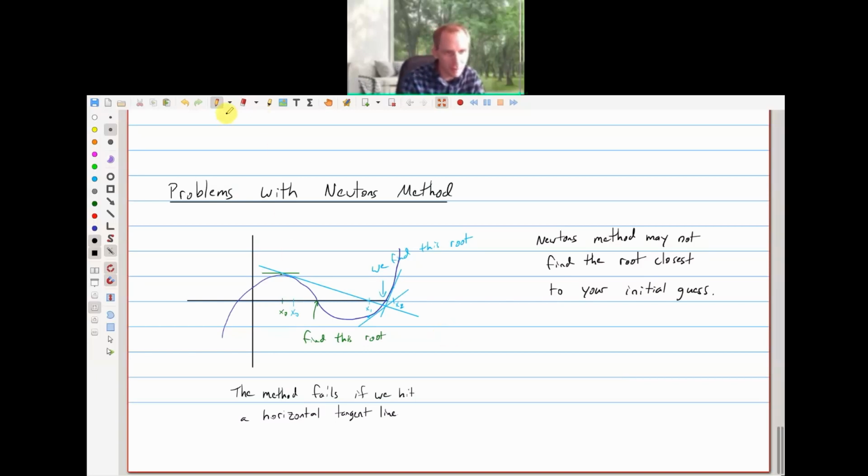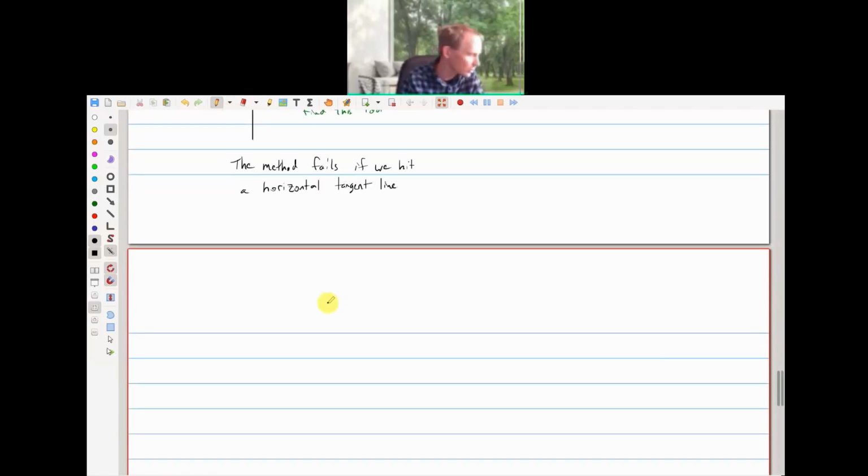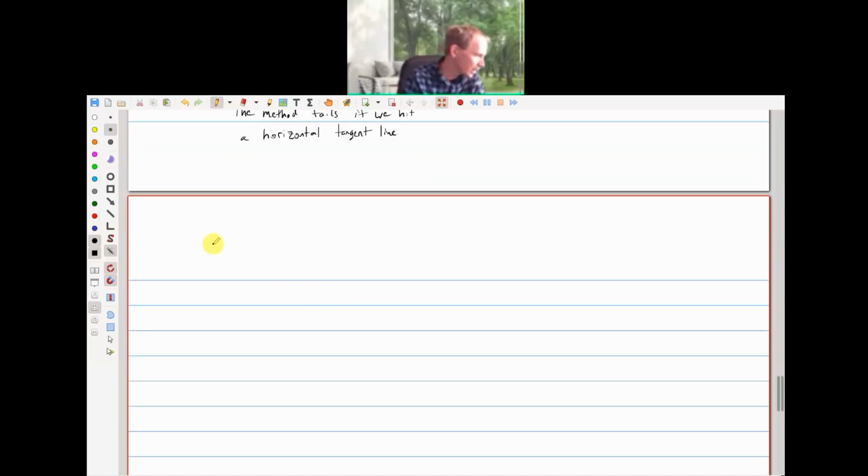Again, this is a contrived example, but this is a possibility when we talk about Newton's method. Let's suppose f of x is x cubed minus 2x plus 2. Let's find the roots of f of x equals 0 using Newton's method, and let's pick 1 for our initial guess.